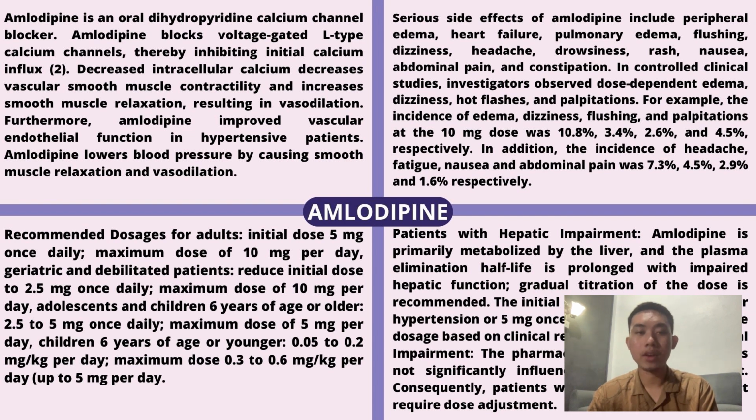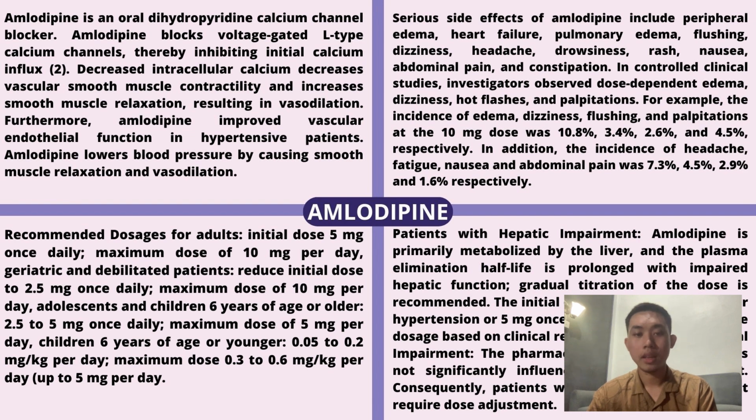Serious side effects of amlodipine include peripheral edema, heart failure, pulmonary edema, flushing, dizziness, headaches, drowsiness, rash, nausea, abdominal pain, and constipation. In controlled clinical studies, investigators assessed dose-dependent edema, dizziness, hot flashes, and palpitation.